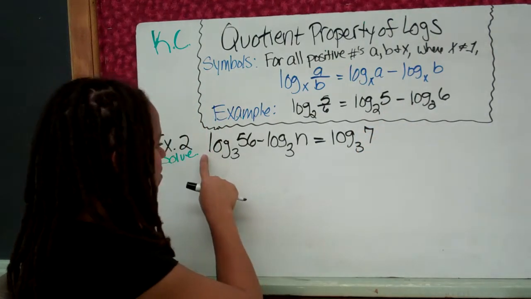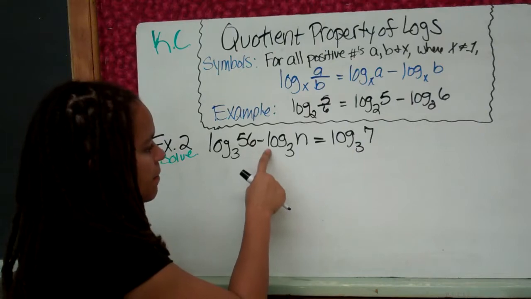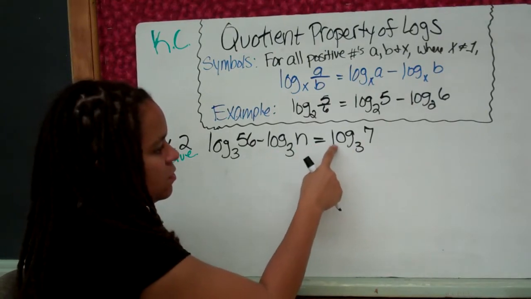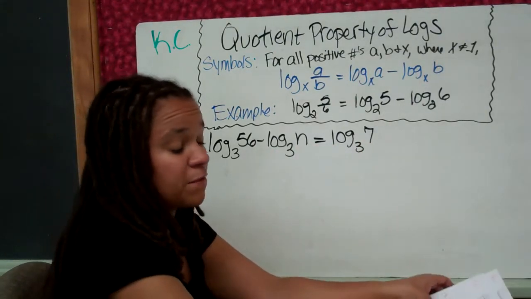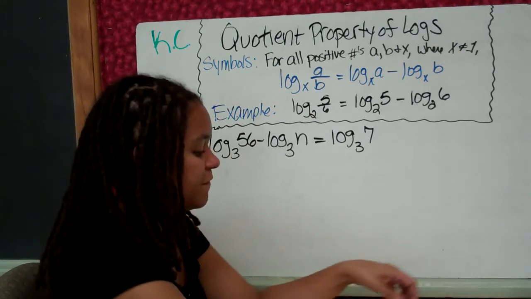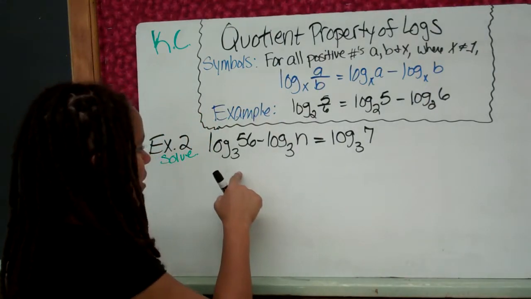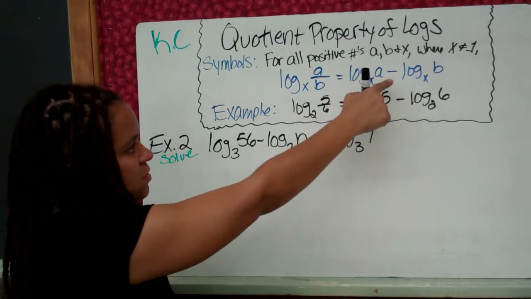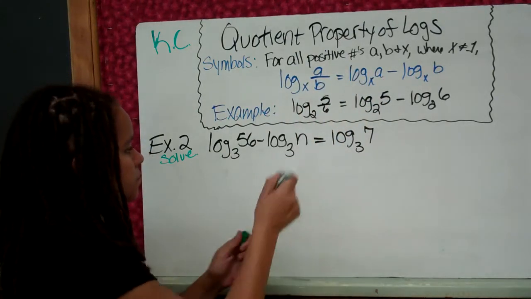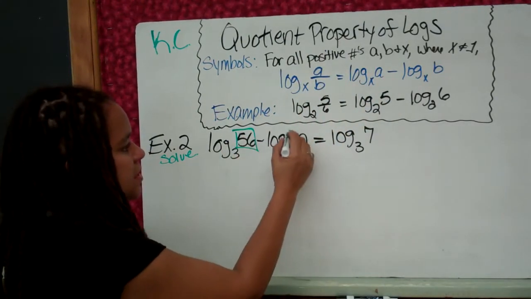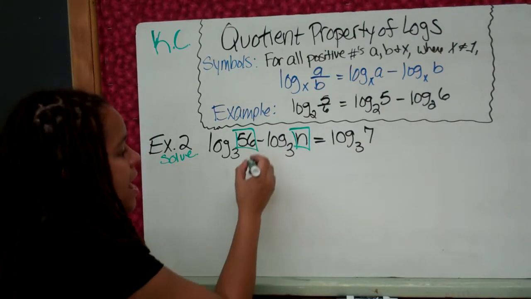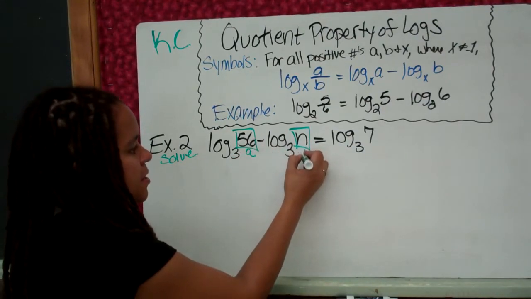So let's use this. Log base 3 of 56 minus log base 3 of n is equal to log base 3 of 7. This may be all the information you have, and now you need to solve for the variable n. Using this property, the 56 and the n are like your a and your b.